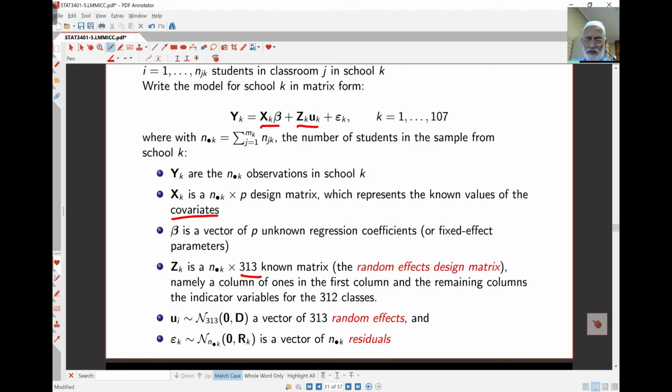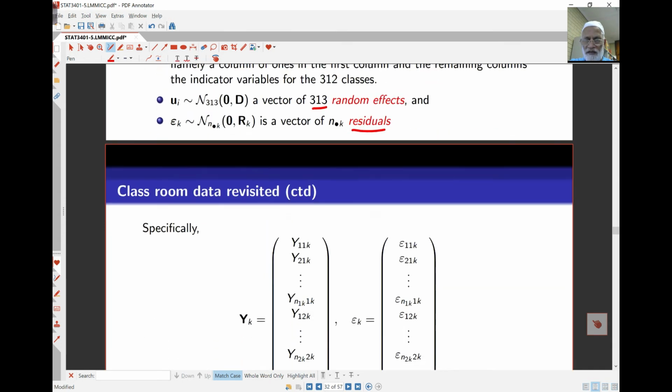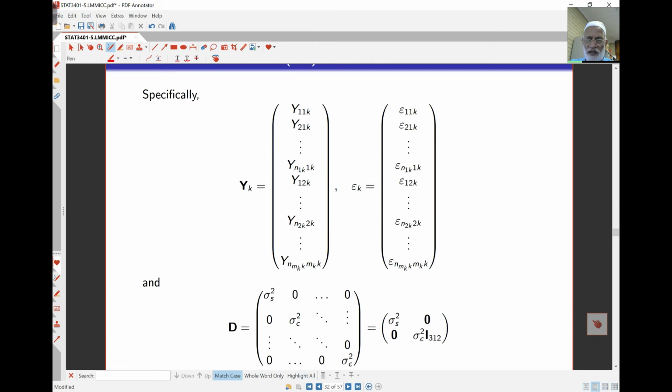And this is altogether the number of random effects, because the random effects here deal with classroom and school, and this is the number of schools in there. So 313 random effects for the model we've got, and of course there are the residuals as well to look at. Specifically, this is what we're looking at here.